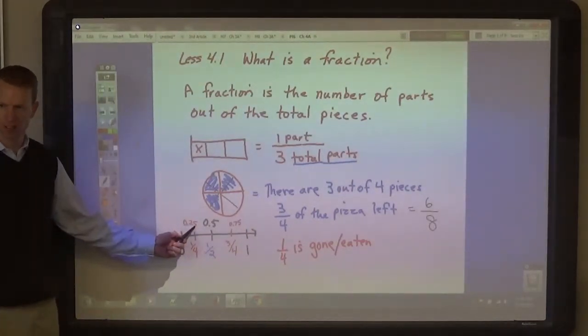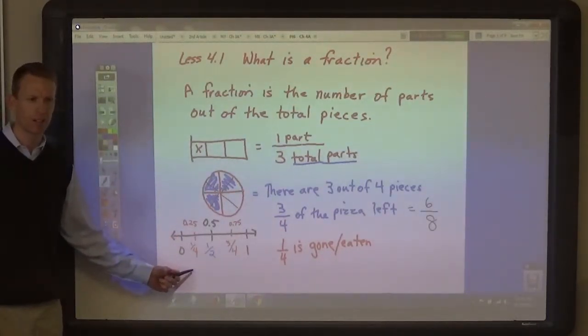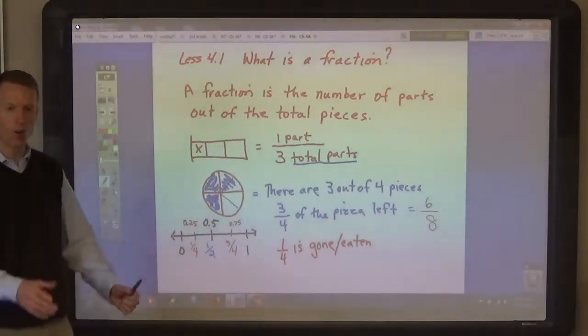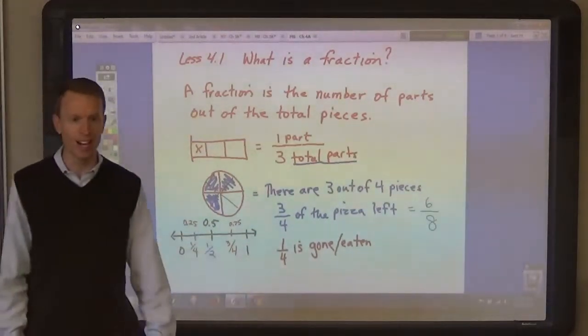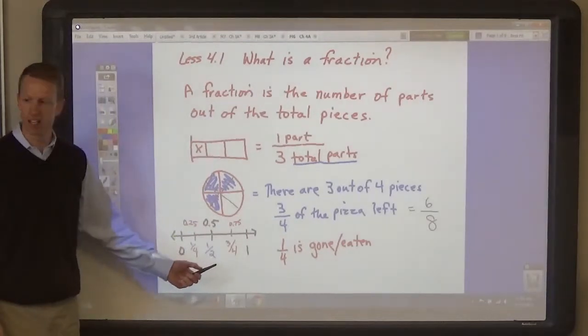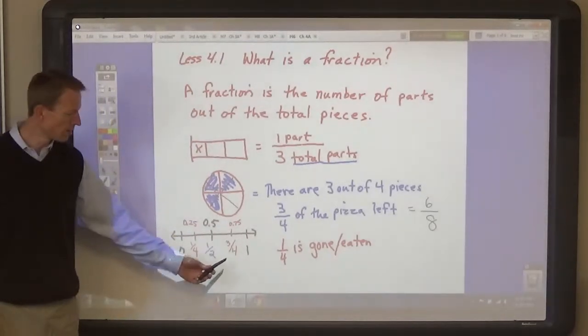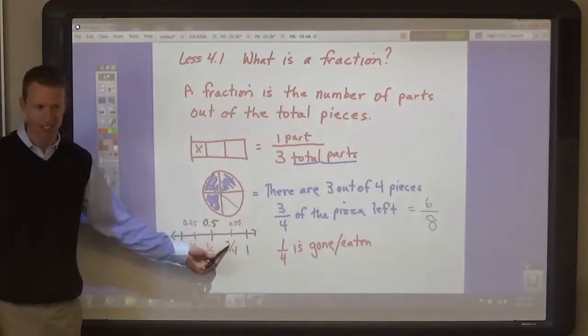Think about this. 25 hundredths is 1/4 of a what? $1. It's a whole, or 25 cents is 1/4 of $1, right? And 75 cents is 3/4 of a $1. Yes. Okay.